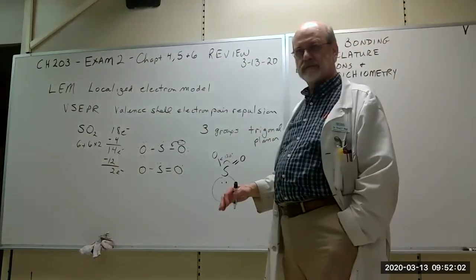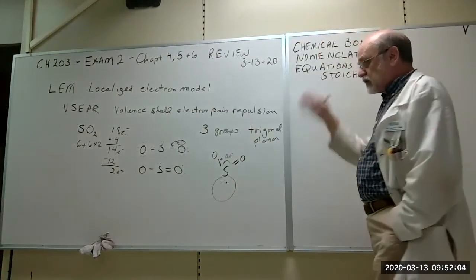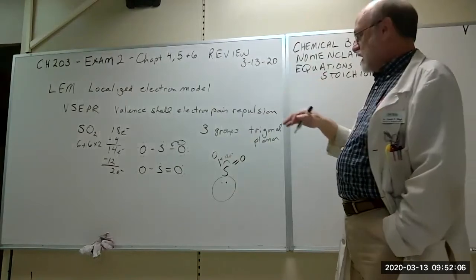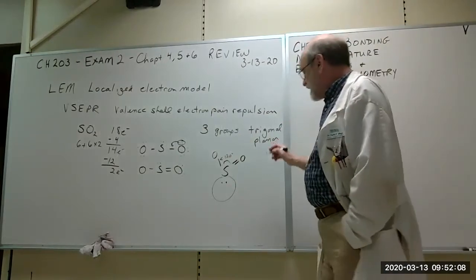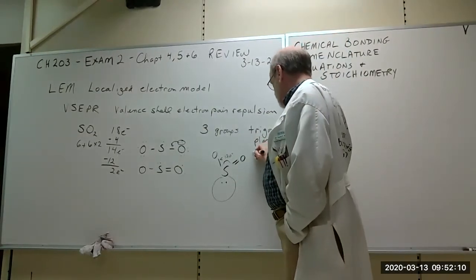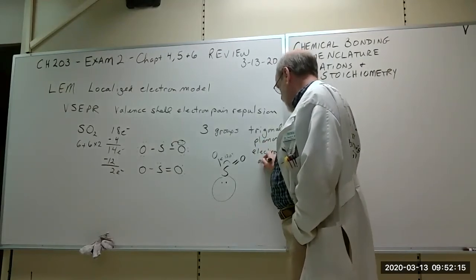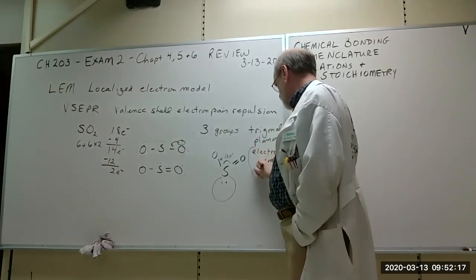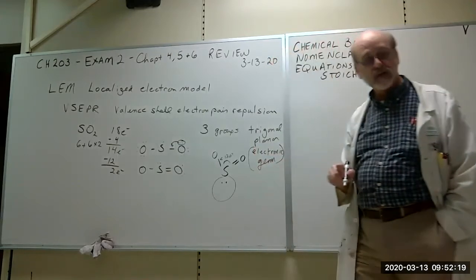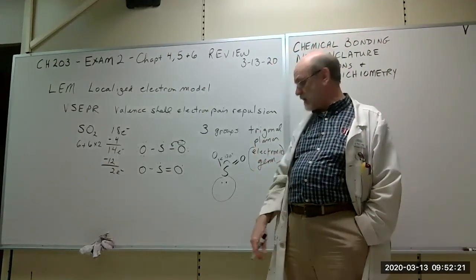That's trigonal planar. Okay, so if you do all this Lewis stuff, and now this is trigonal planar electronic geometry, right? What's the molecular geometry? You just cover up the lone pairs.